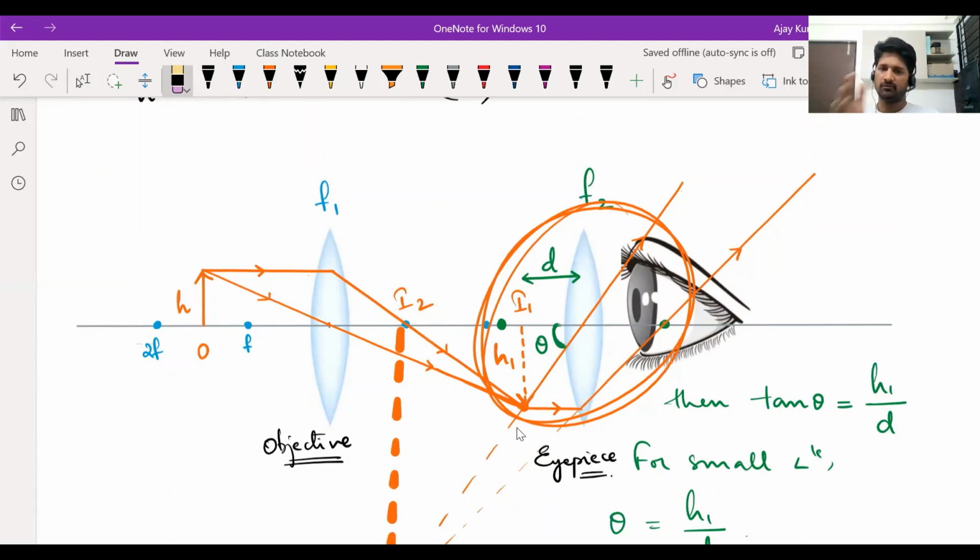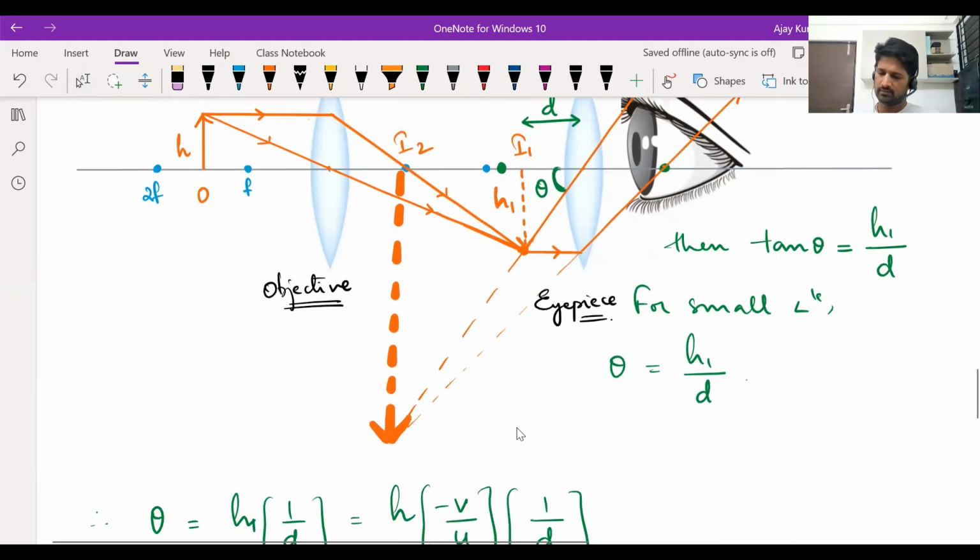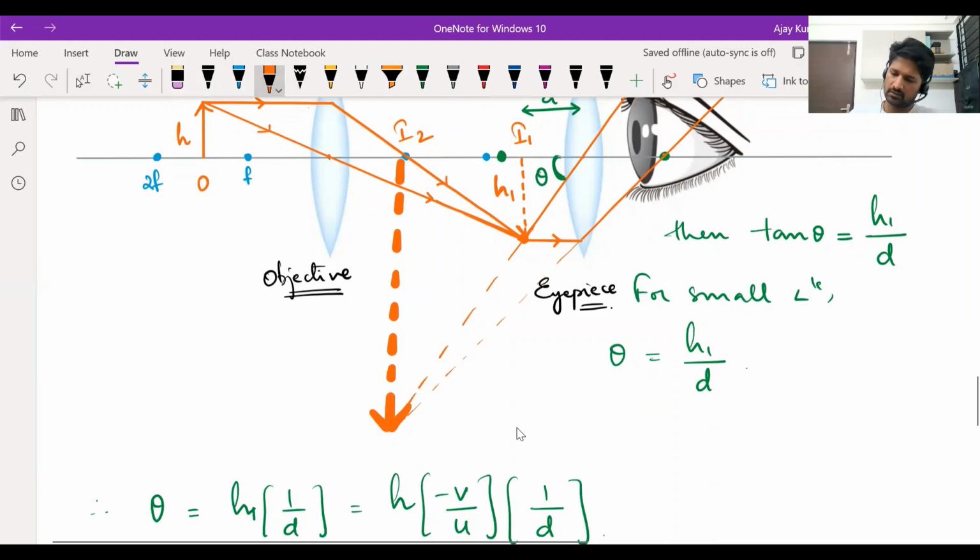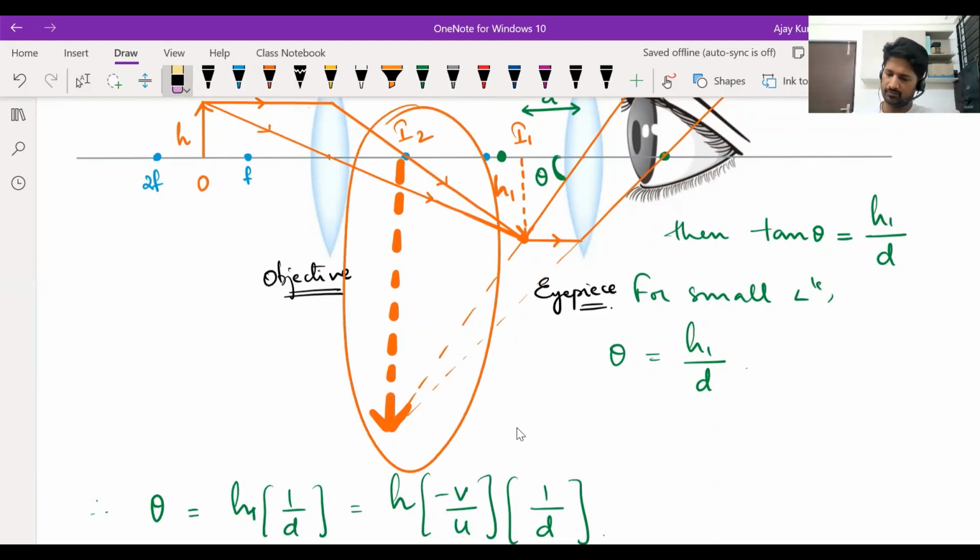And that image I1 formed by the first lens behaves as an object for the second lens, which magnifies it further. And the final image that you see is I2, shown in this diagram. This is what we finally see.